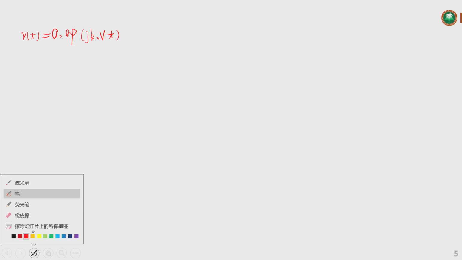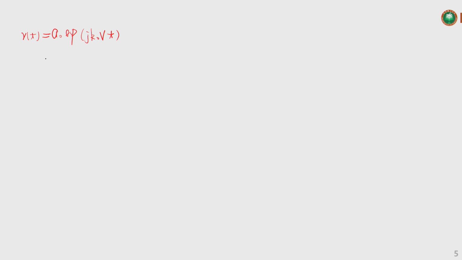So we only consider this term. And because k node equals pi over lambda node, it is a node exponential j pi over lambda times v times t. So like this one.